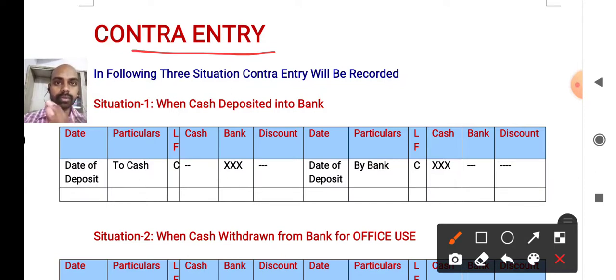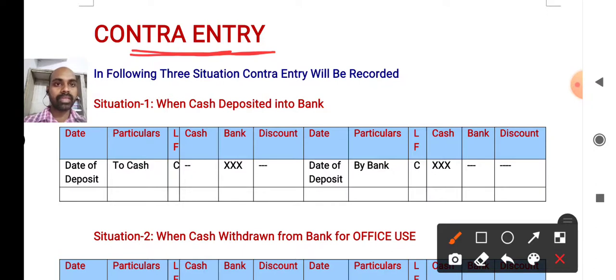There is no difference between the cash account and the cash book. So while recording one entry on both sides, it is called a contra entry. The remaining definition and other things you can find in the textbook.